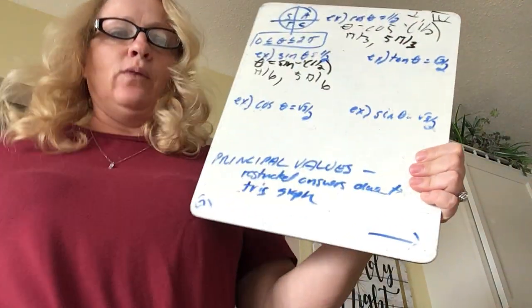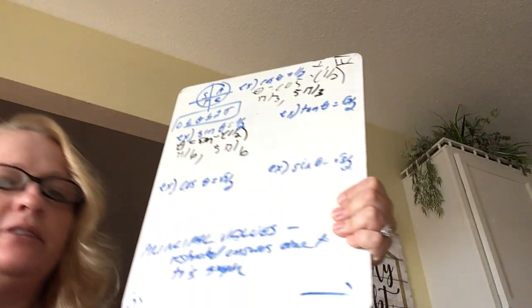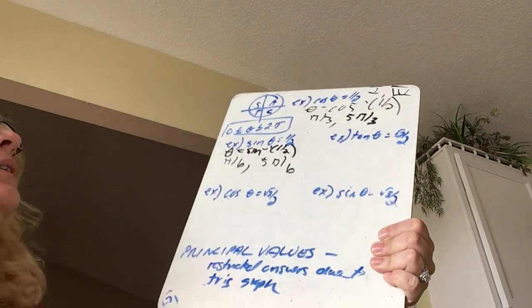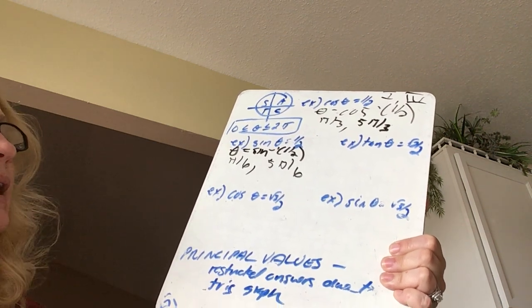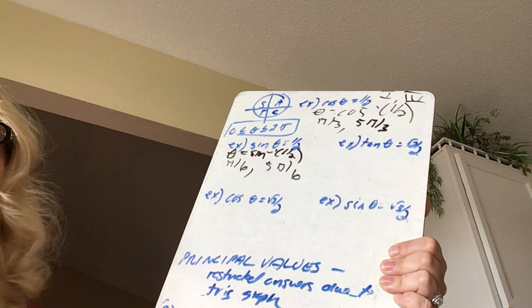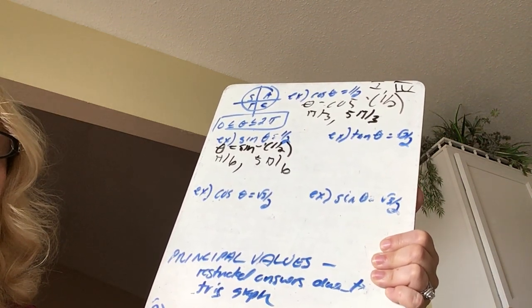Okay, so now what I want you to do with your calculator is put in sine of 30, and that should give you 1/2. And I want you to put in sine of 150, and that should give you 1/2.